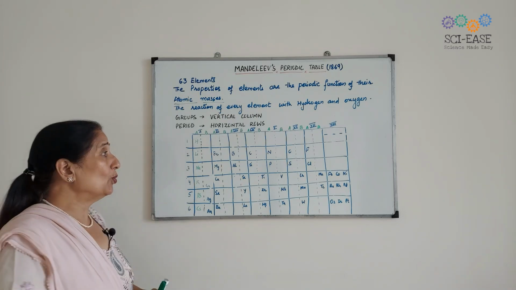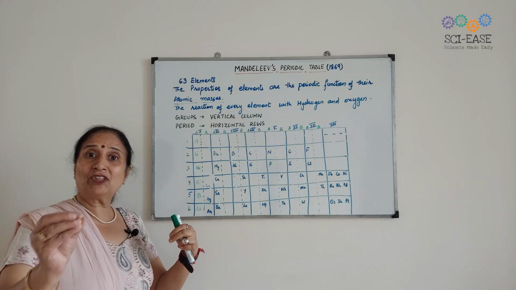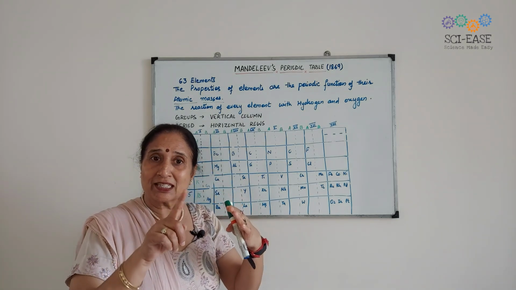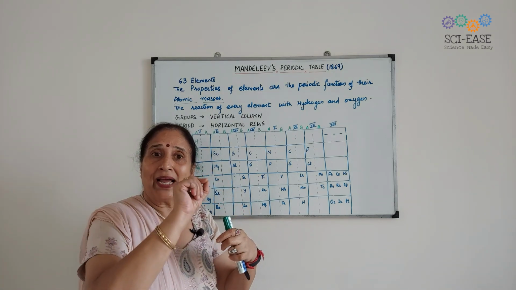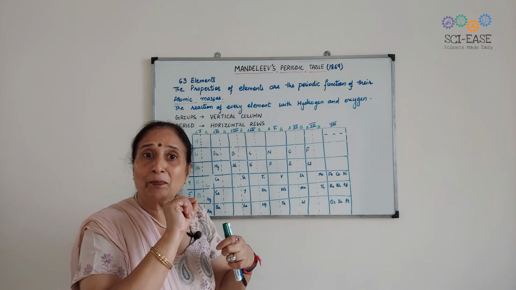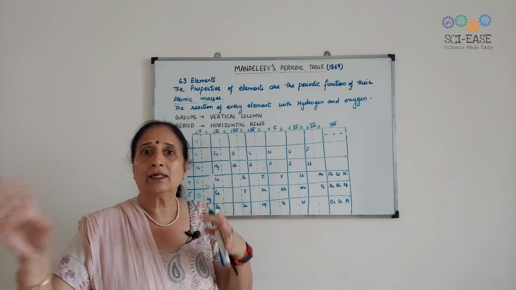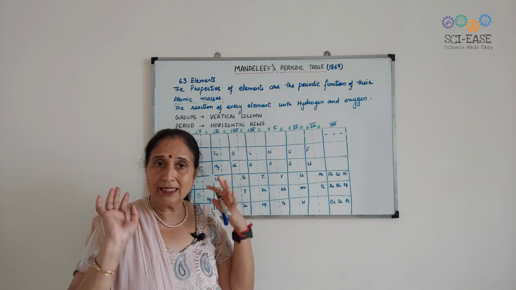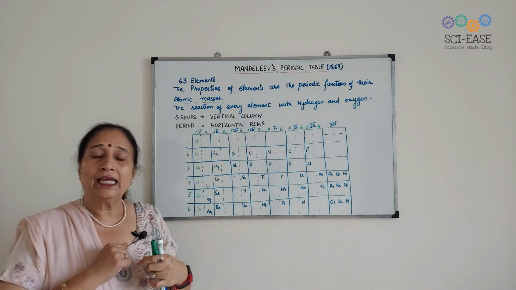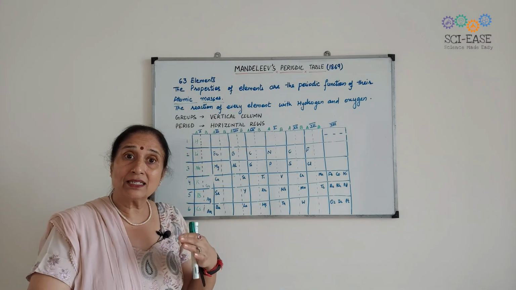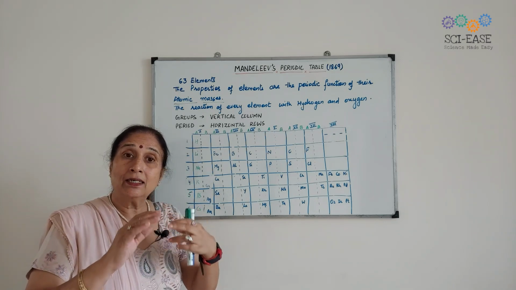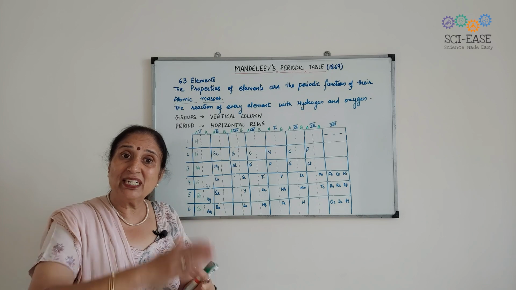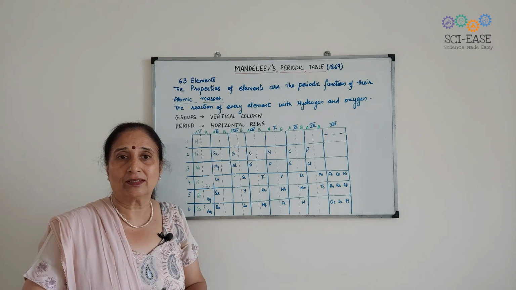So, he took 63 cards. He wrote the properties of all the 63 elements on those cards. And then he saw that some of the properties of 3 or 4 elements resembled each other.